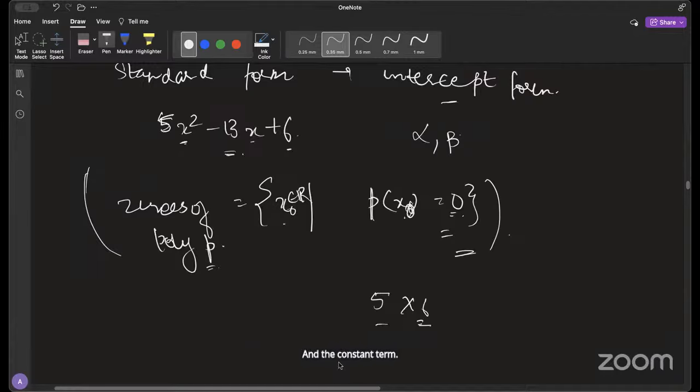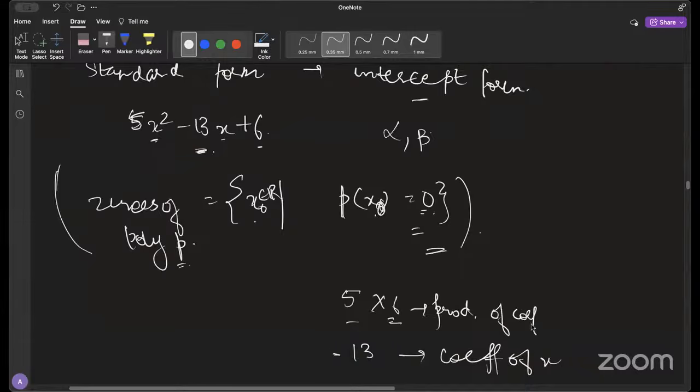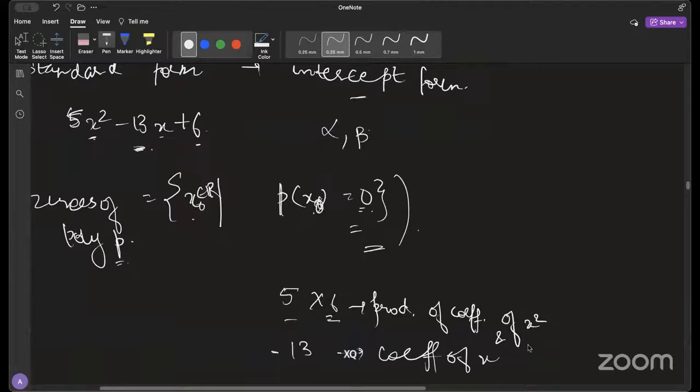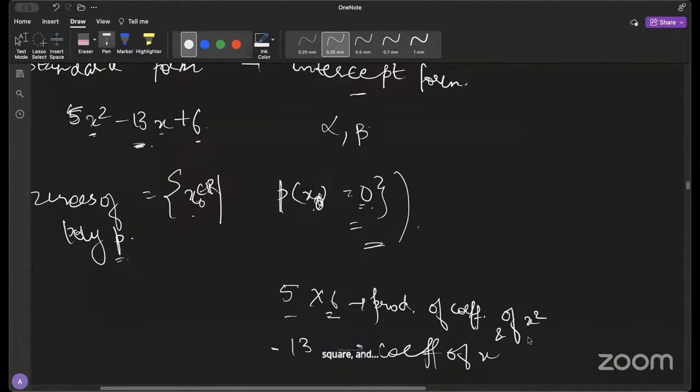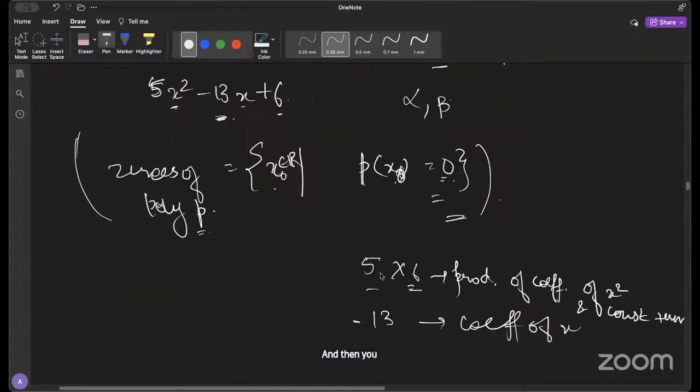You take the product of these two, and then you take the coefficient of x, which is minus 13. So this is going to be 30, and this is going to be minus 13.